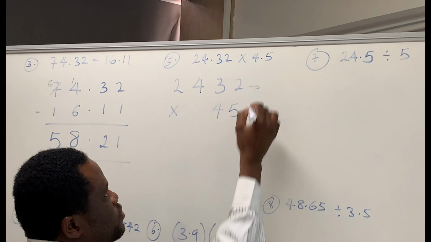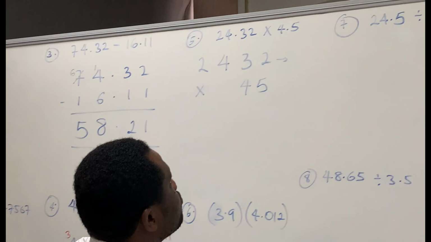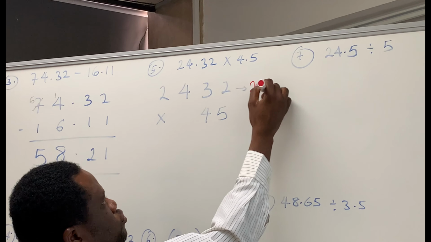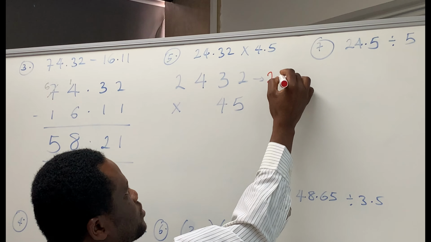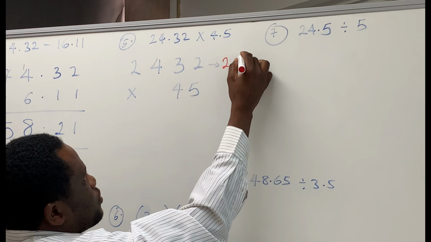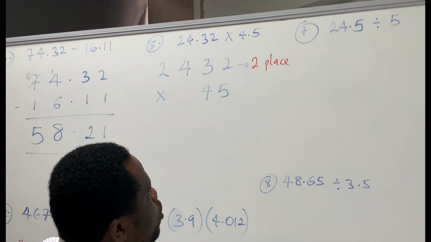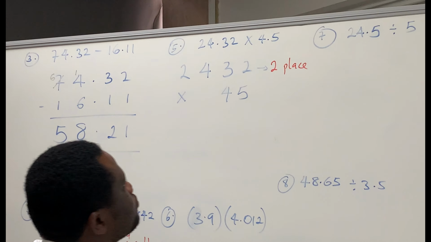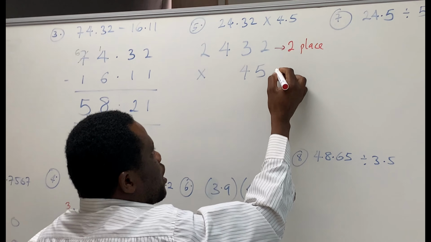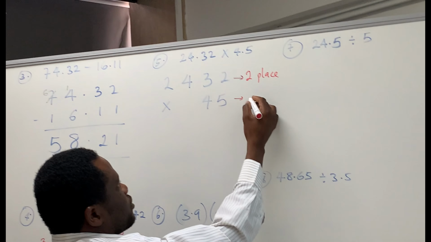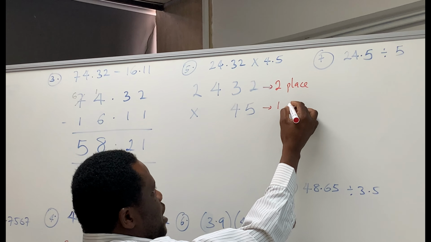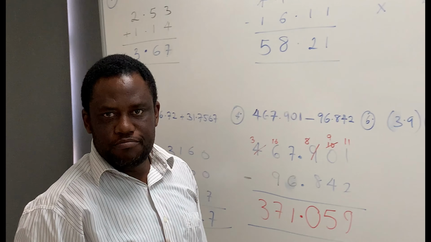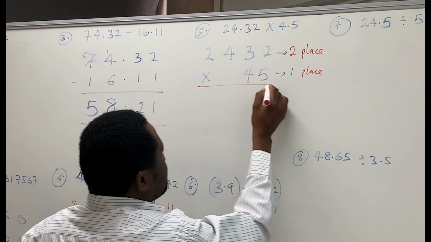This one is 1, 2, which is 2 decimal places. And this one is 1 decimal place.